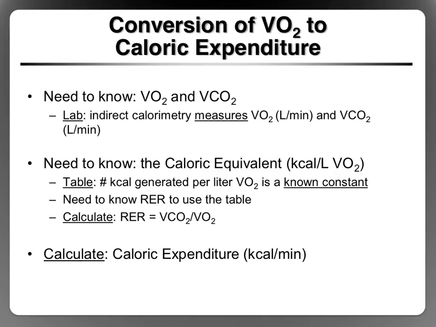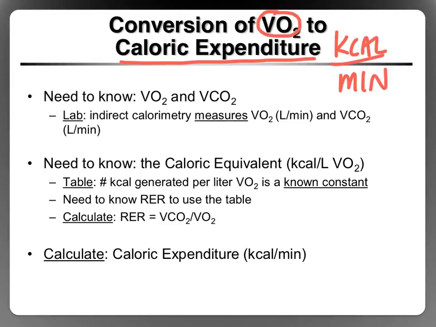So we are going to estimate caloric expenditure, which is kcals per minute, which is heat production. We're going to estimate it from VO2. So we're going to take some VO2 data and we're going to convert it into caloric expenditure. So let's go through this step by step. There's going to be a few things you need to know, and it's a very basic process.